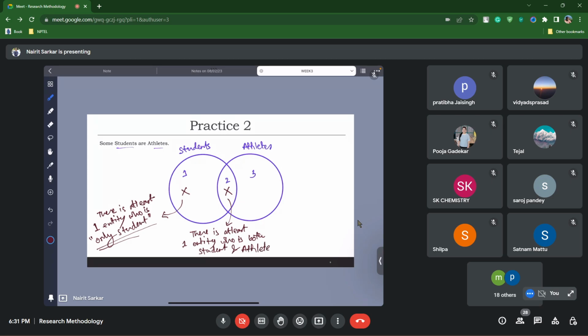So that means X should be in section 2, not in 1. Here only one X at 2.